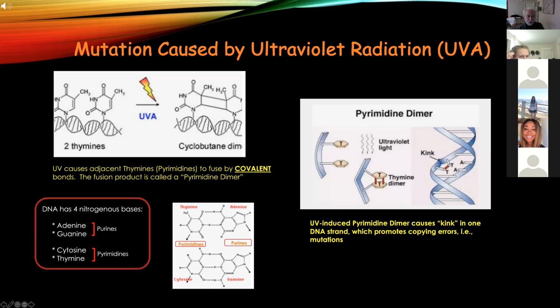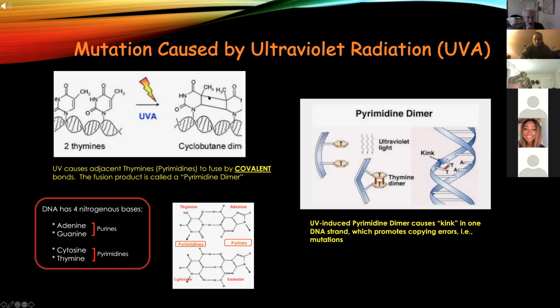Okay, here's an example of how a mutation can occur. If you look in the upper left here, you see a DNA chain, and one of the 4 bases in DNA is thymine. If there are 2 thymines in proximity to each other, they don't need to be adjacent, but they have to be in the same neighborhood. And if that piece of DNA is struck by ultraviolet radiation, what can happen is a pyrimidine dimer.